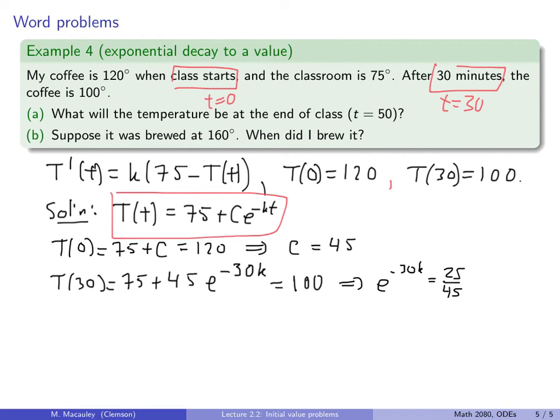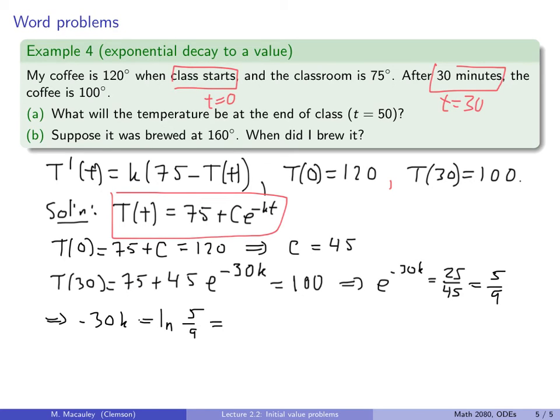All right, let's take the natural log of both sides, and that tells us that negative 30k equals the natural log of 5/9.